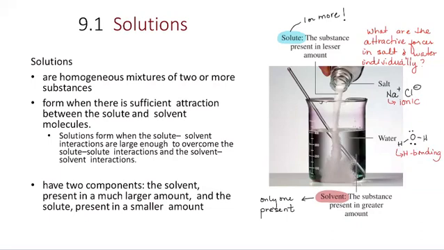Now, when we have salt and water combining, and we look at this at the molecular level, we know that sodium forms a cation and chlorine forms an anion. And I'm going to draw a couple of water molecules around them.